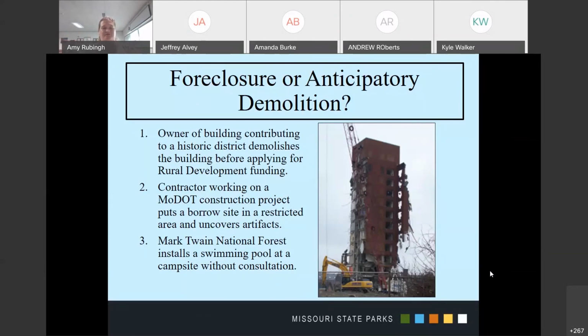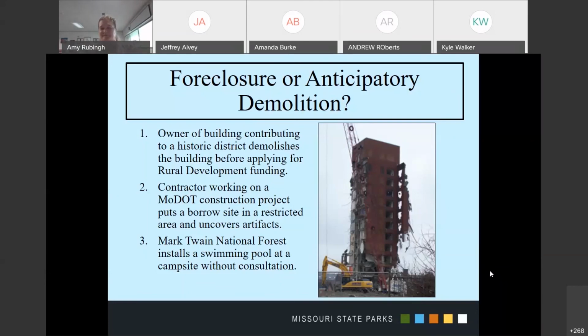So if a contractor went into one of those restricted areas, it would actually be an after the fact or unanticipated discovery. And then number 3, sorry, is yes. Number 3 is a foreclosure.